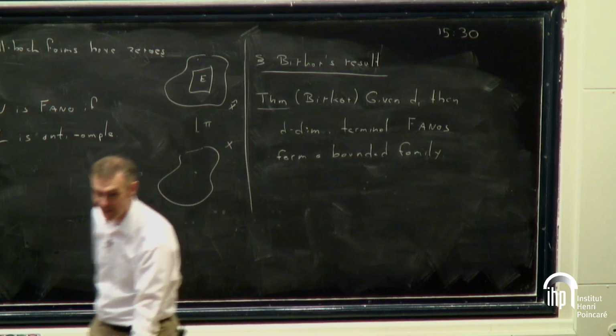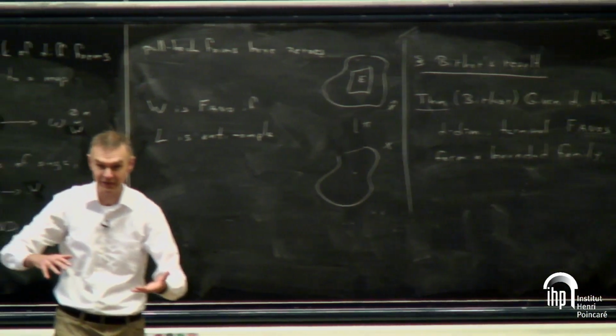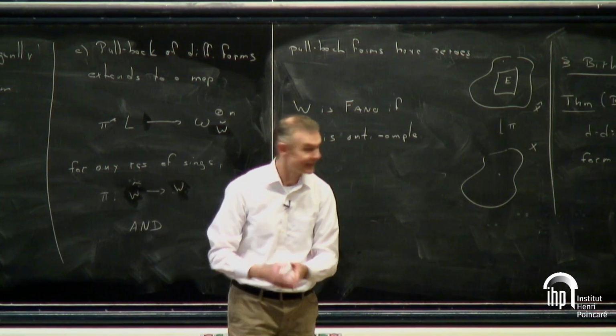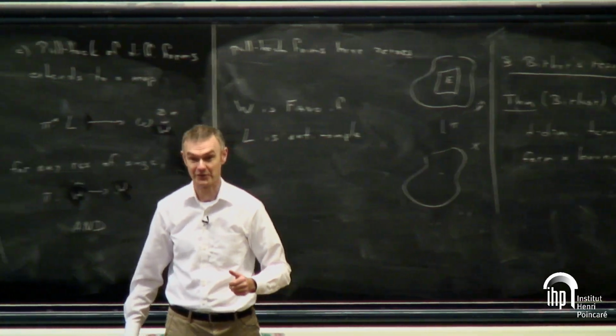What is a bounded family? A bounded family means that there is a projective morphism between schemes of finite type, in particular with finitely many connected components, such that every d-dimensional Fano variety appears as a fiber.